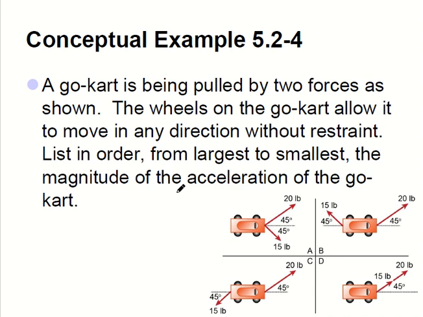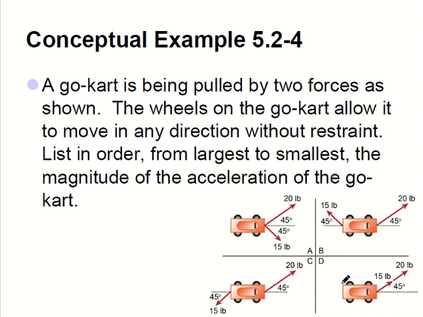Alright, the next example is a go-kart, which is this guy right there, and it's being pulled by two forces represented with these little two arrows as shown in the diagram. The wheels on the go-kart, here is the little wheel right there, allow that car to move in any direction without restraint.